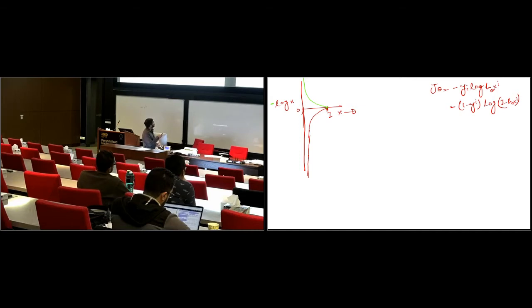For yi equal to 1, the loss is 0 when h of theta is 1. Because I've written x here, it might be slightly confusing, so let me write this: h theta of x and log of h theta of x. I think now it should be fairly obvious.